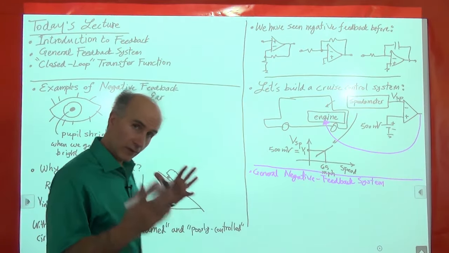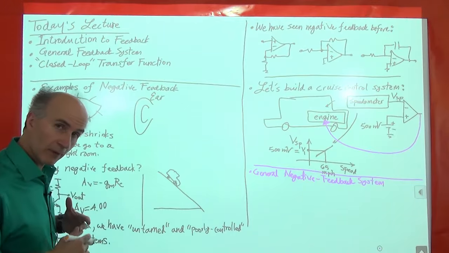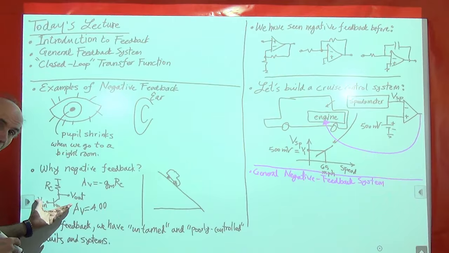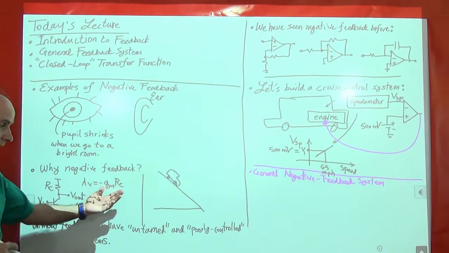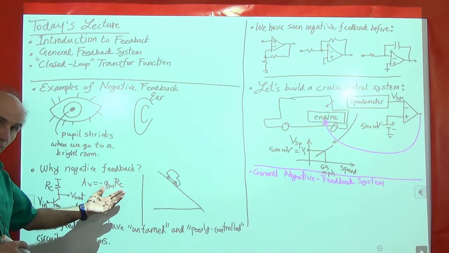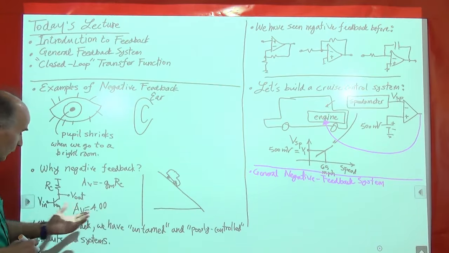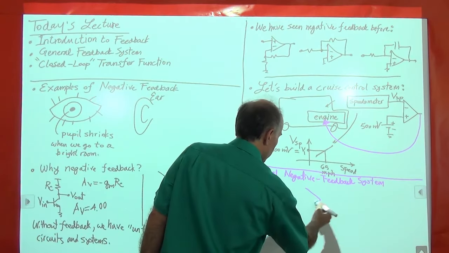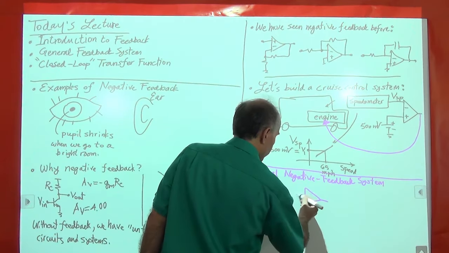But let's take a step back and remember our circuit problem. Our circuit problem was that I bought an amplifier, and the voltage gain of the amplifier is not very precise. It's not very well controlled. So let's model this amplifier by a block here. We call it A1.